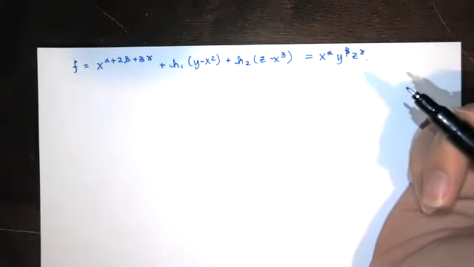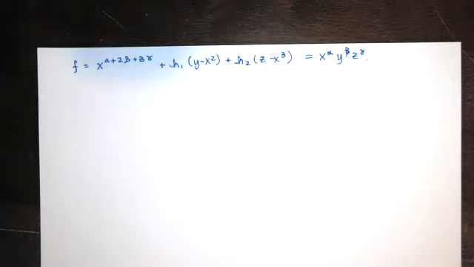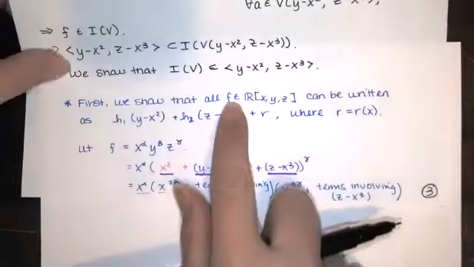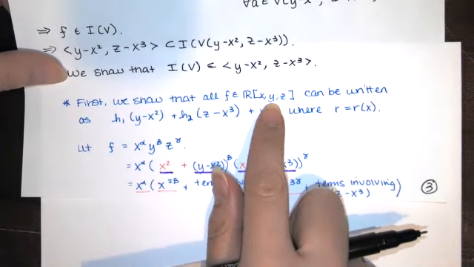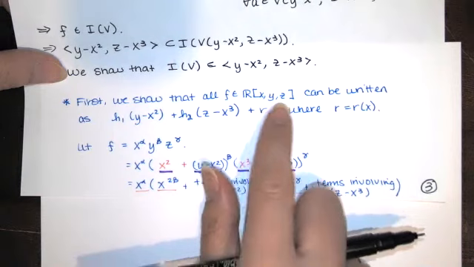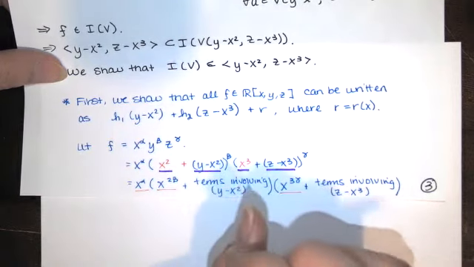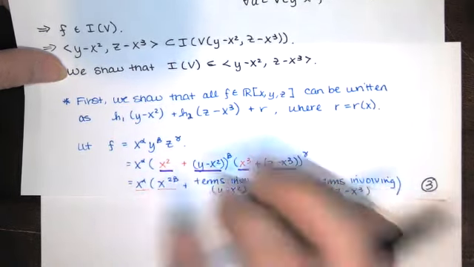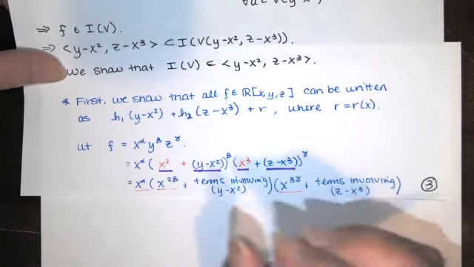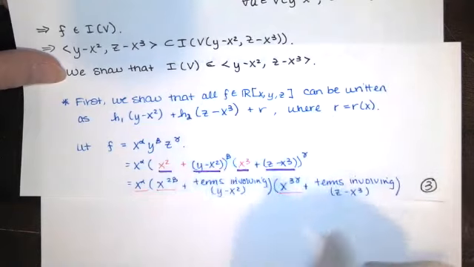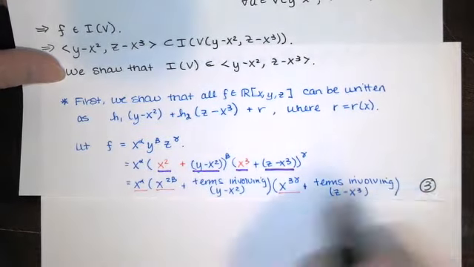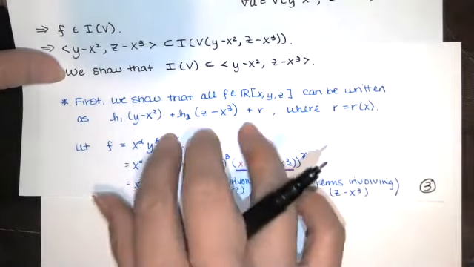Now, that was just for the monomial. And the claim was that every f in this polynomial ring with coefficients in the field R in variables x, y, and z can be written this way. Well, we know that every polynomial is just a linear combination of monomials. Since every monomial can be written in this way, when we take these monomials and multiply them by constants and add them together, the resulting f can be written this way as well.